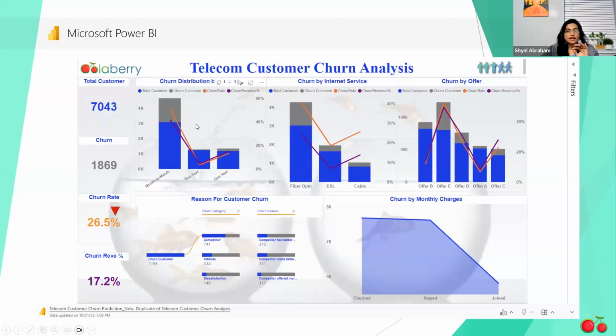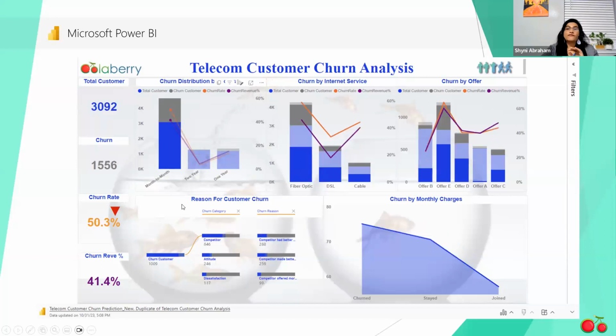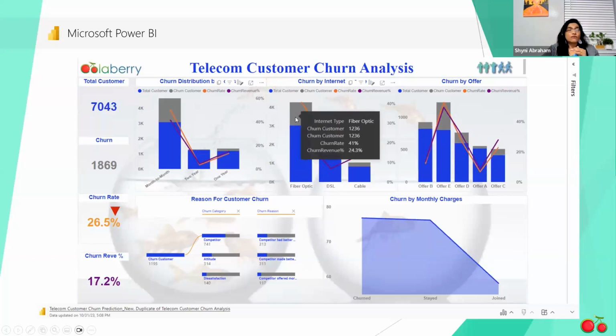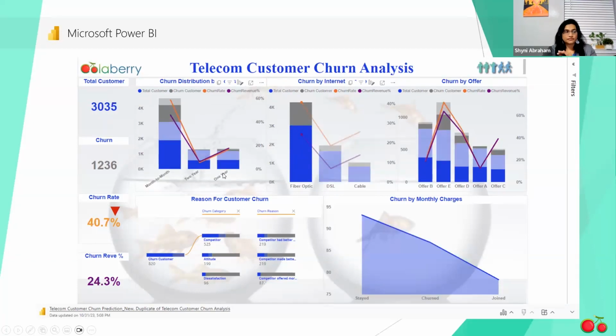After a deep dive into the report, Eric figured out that customer churn is more impacted by the month-to-month contract, where you can see the churn rate is up to 50%. The second alarming area was the fiber optic upgrade. As you can see, the customer churn was up to 41%.